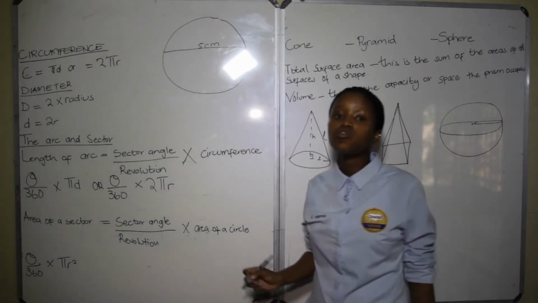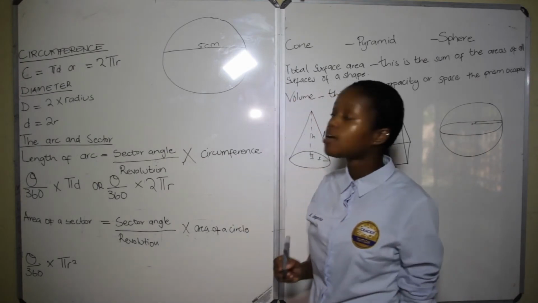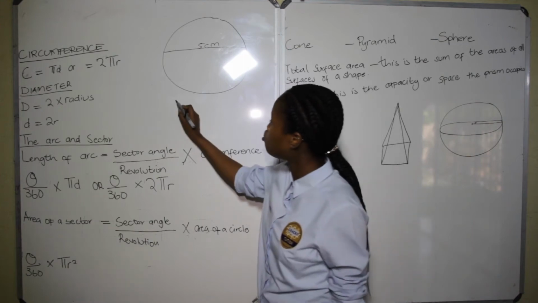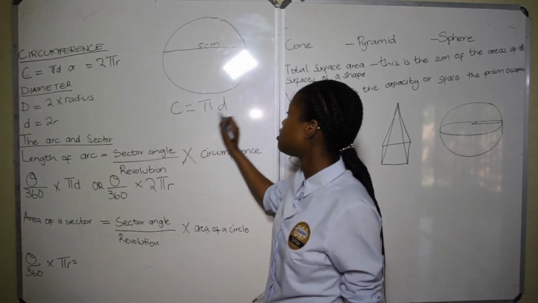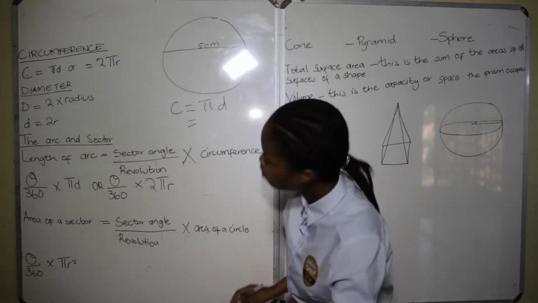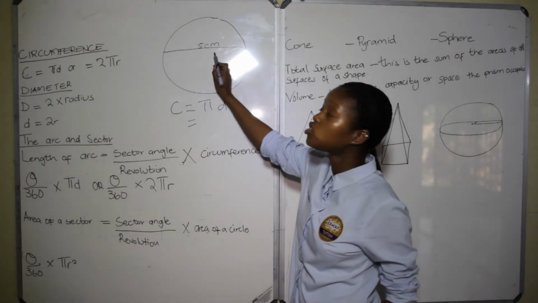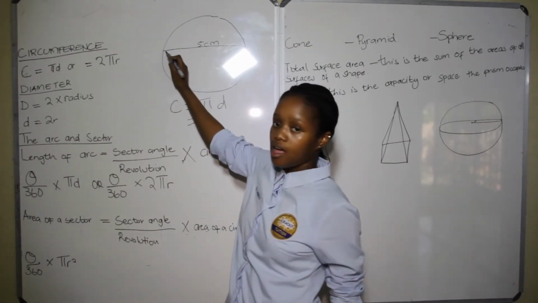And the question is going to say, calculate the circumference of the circle. What are you going to do? You're going to know that circumference is equal to pi d. What is your diameter in this case? Here is your diameter. Remember what your diameter is? One end point of a circle to the other.